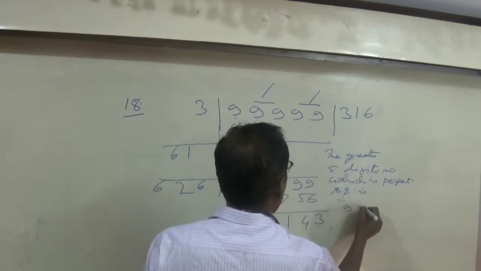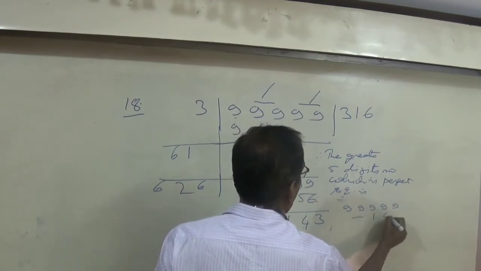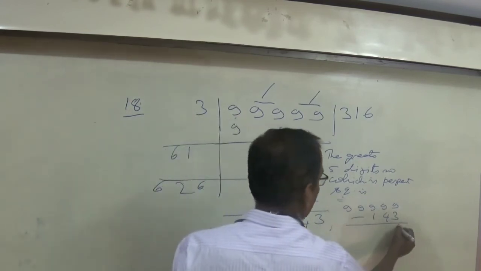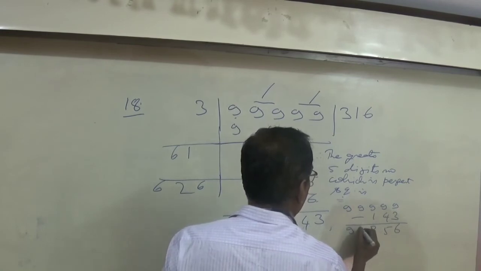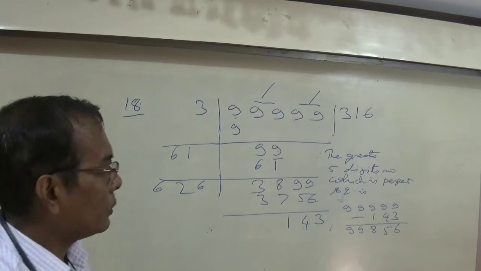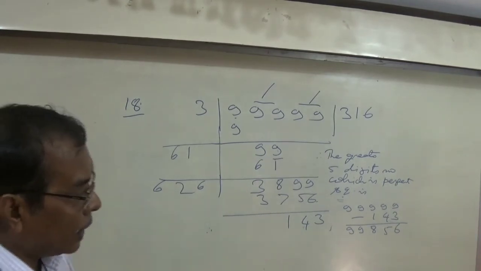From 5 nines subtract 143. So how much is left? 99856. Now this is one part of the answer.